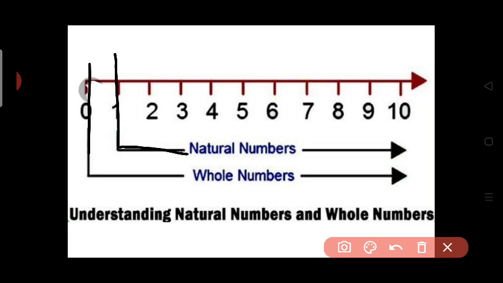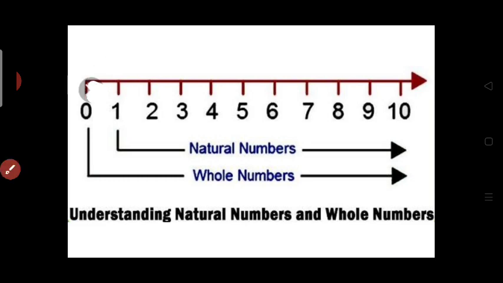So for natural number 1, we can write successor of 1 is 2 and predecessor is 0. Successor of 0 is 1, but there is no predecessor of 0 because 0 is the last number on the left side. Next point, there is no natural number whose successor is 1 and there is no whole number whose successor is 0.